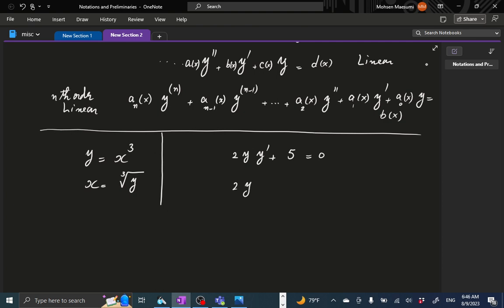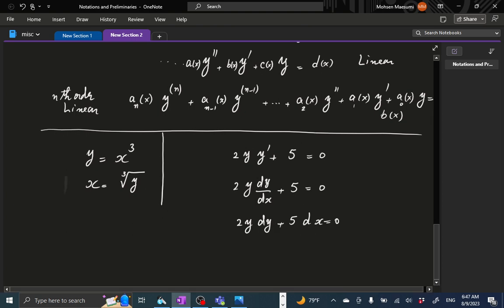It means dy/dx, or dy/dt, or whatever it is, plus 5 equal to 0. That's fine. Now, another customary way of writing this is 2y dy plus 5 dx equal to 0. When it's written like this with dx and dy, that's sometimes referred to as differentials.